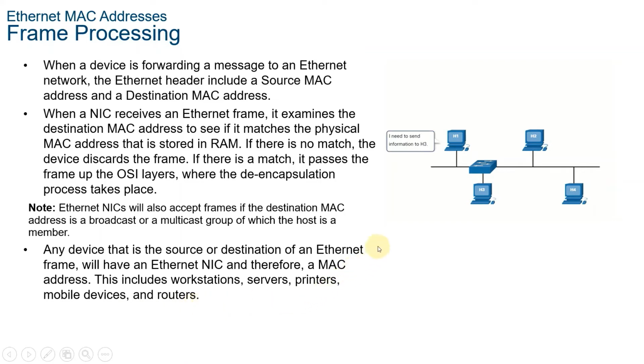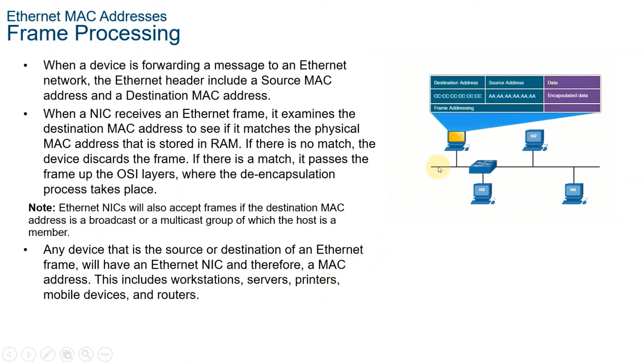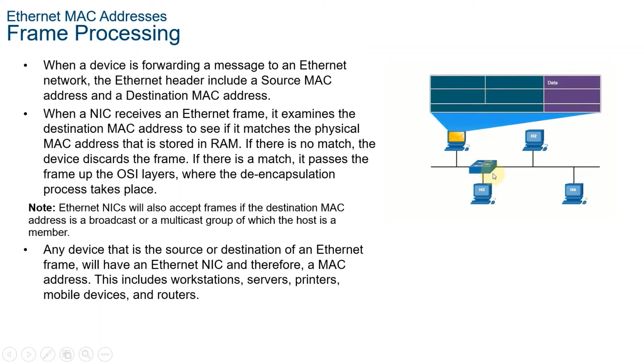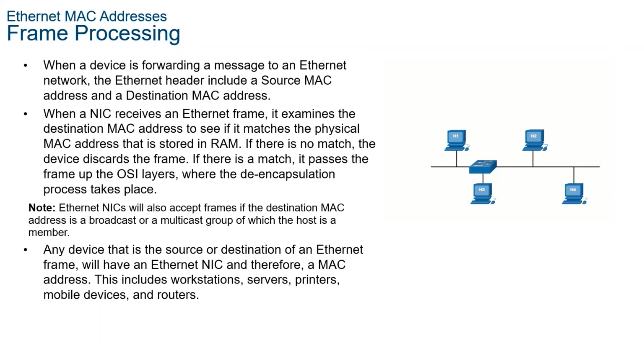Try to see the animations on this presentation. Basically, every data moved by a computer towards the destination should contain a source and destination MAC address. It will be broadcasted over the network, but only the computer that owns the destination address will open the frame.